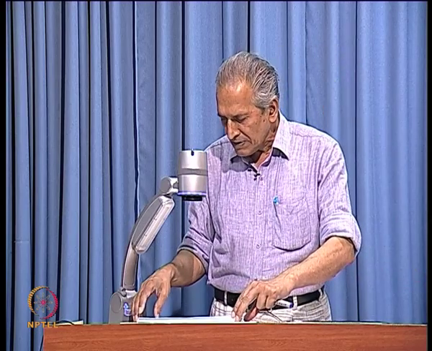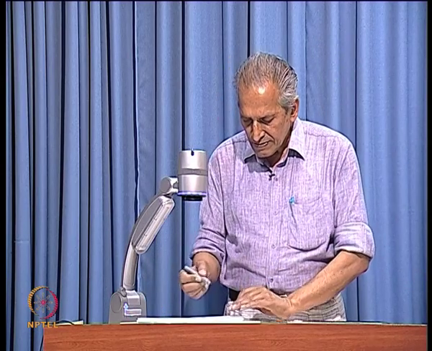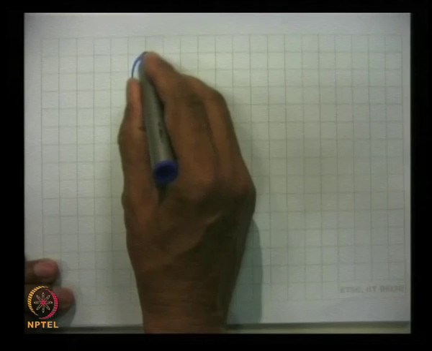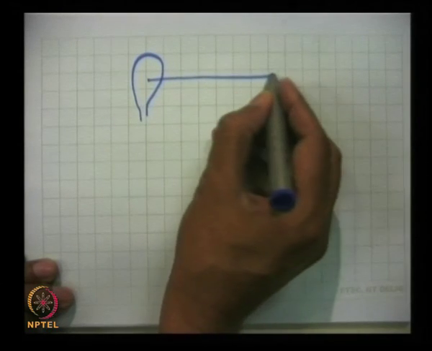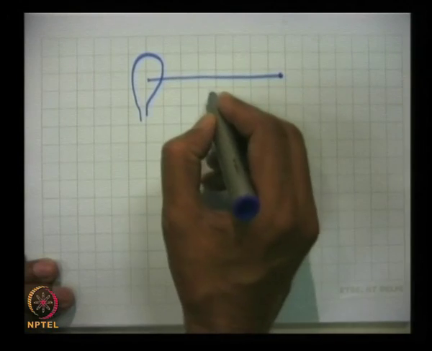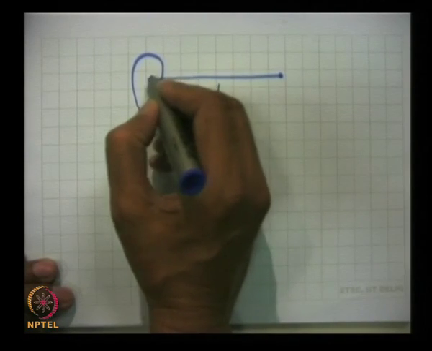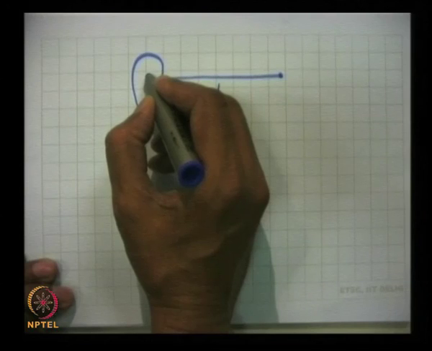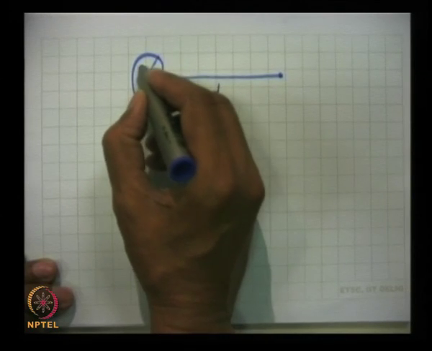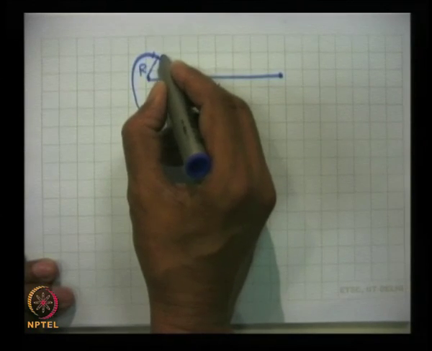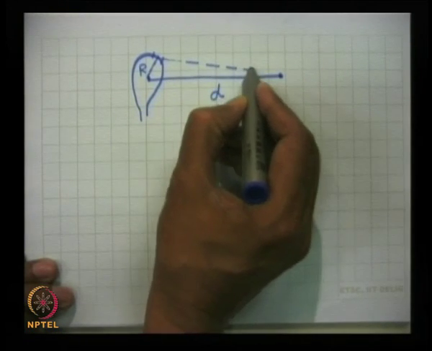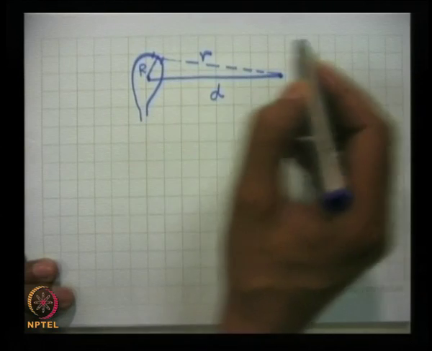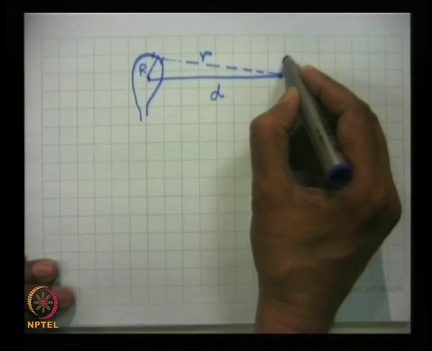If you consider the magnetic field of a simple circular coil, and I want to find the magnetic field at a point say d distance away from the coil of radius r, then the magnetic field at this point due to this element would be perpendicular in this direction.